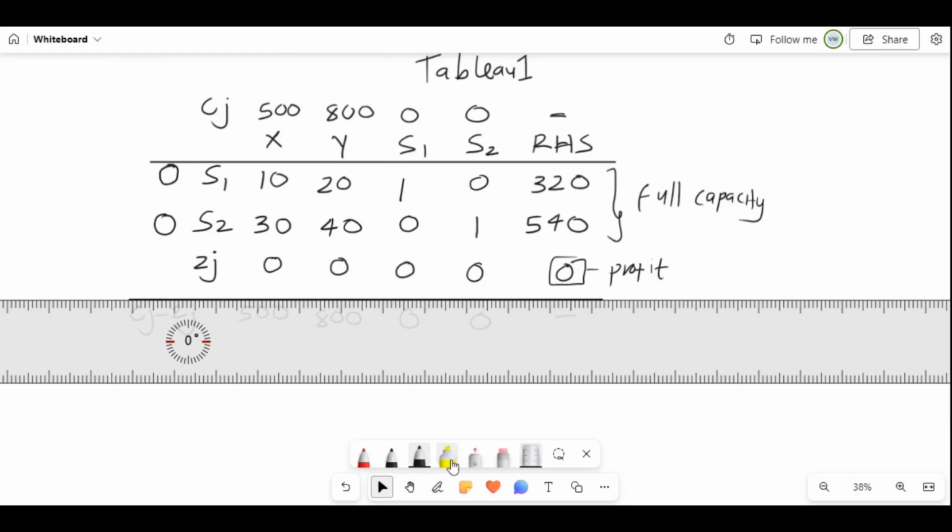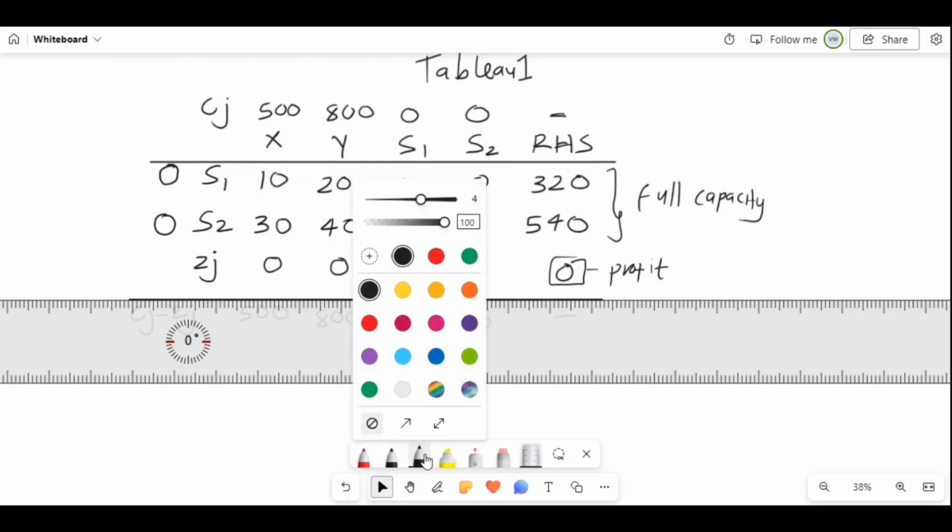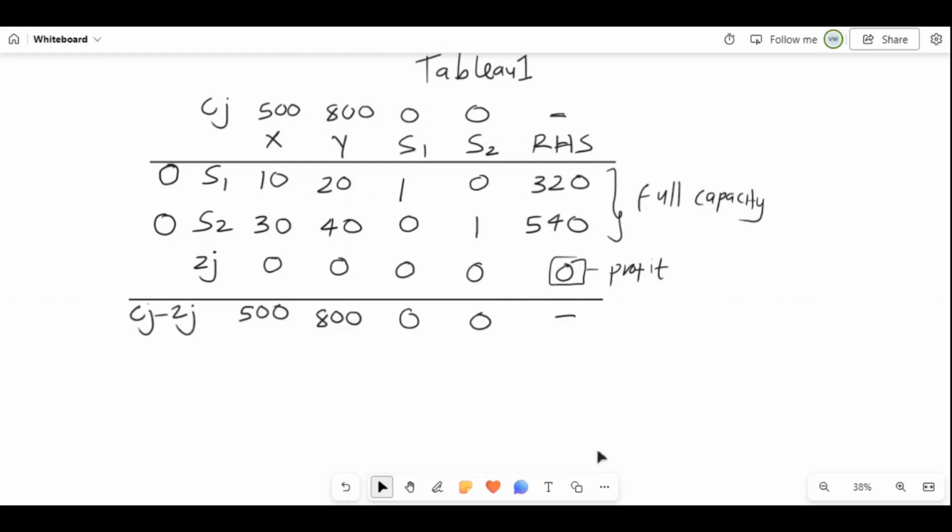So once we've drawn tableau 1, we check for optimality, and we said that for the solution to be optimal under a maximization problem, the Cj minus Zj values should be less than or equal to 0.